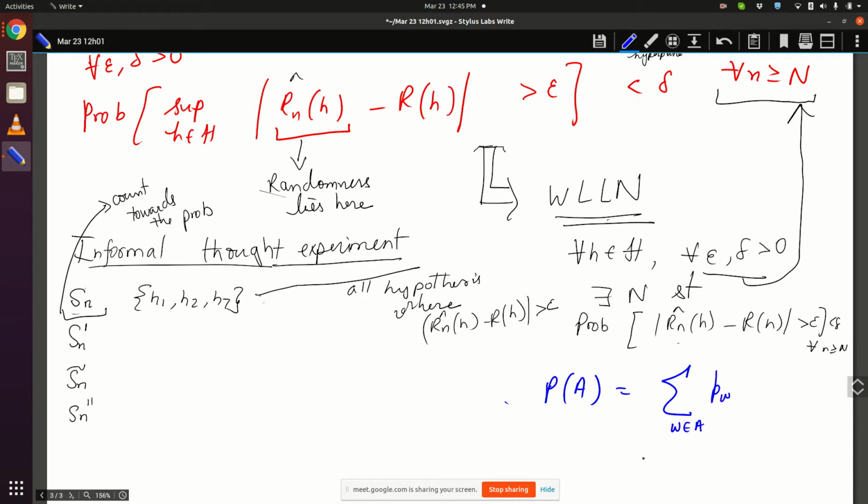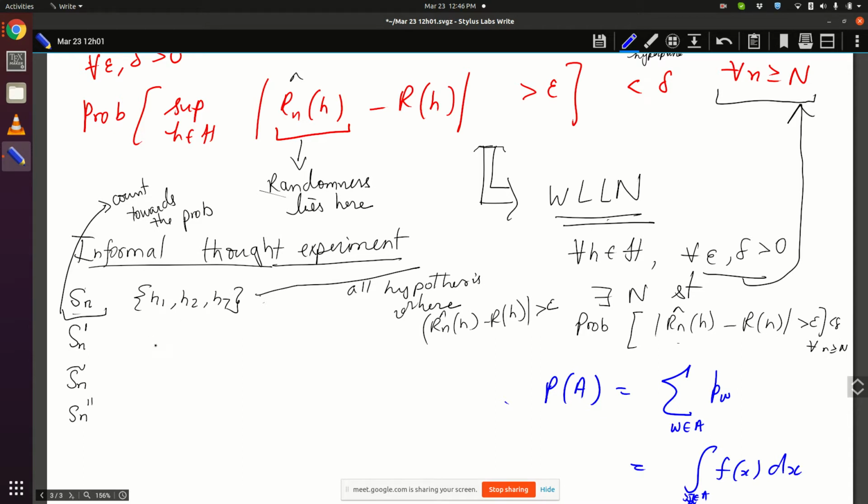Or if it is continuous, I will integrate f of x dx over x belonging to A. So whenever this set is non-empty, that will count towards the probability.